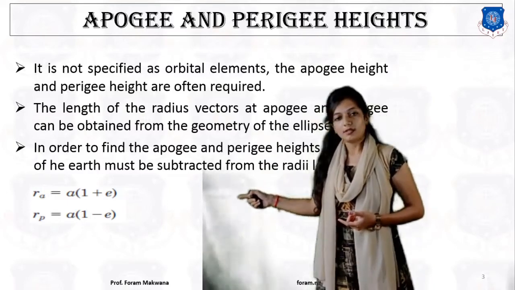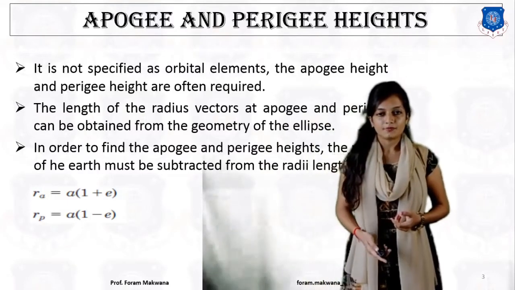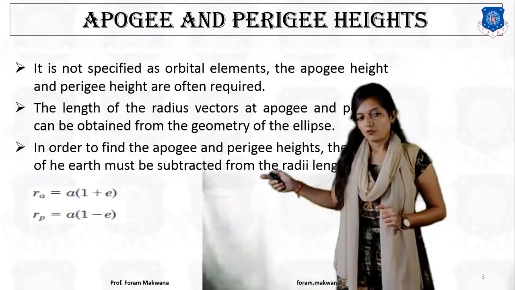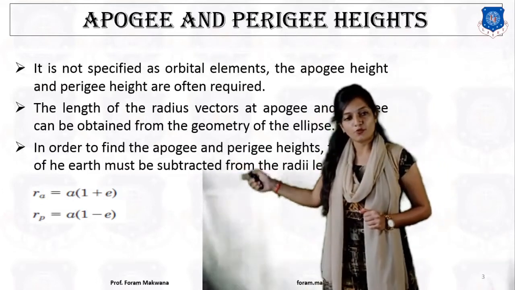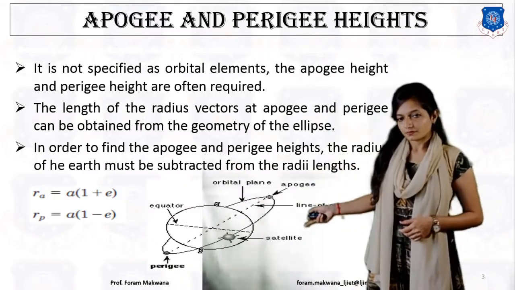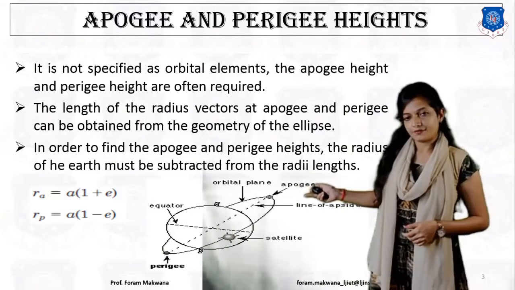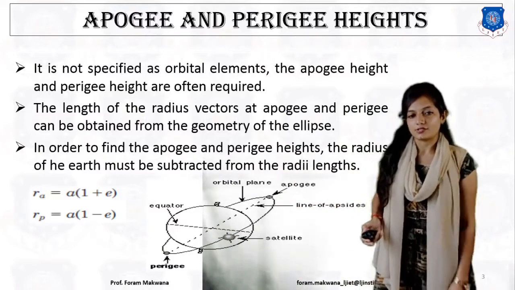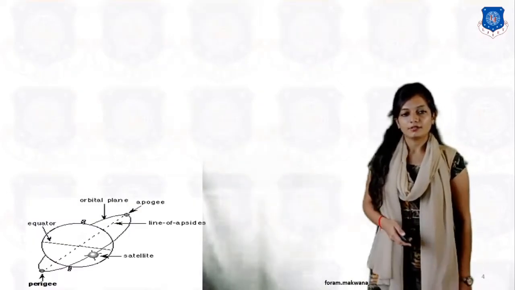What is small e? It is eccentricity. Right? So the only difference is, for plus it is radius of apogee, and for minus it is radius of perigee. This is the diagram for your reference only, that we have already discussed in the last session.